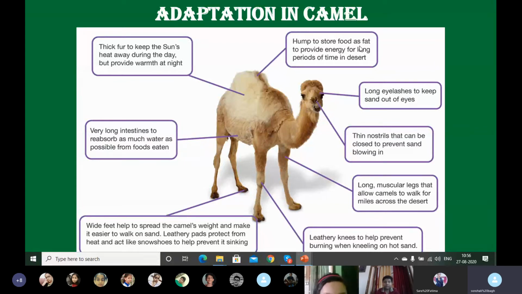Hump to store food as fat to provide energy for a long period of time in the desert. Long eyelashes to keep sand out of the eyes. Thin nostrils that can be closed. Nostrils can be closed to prevent sand blowing in.